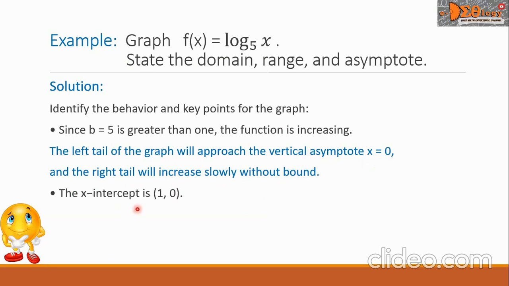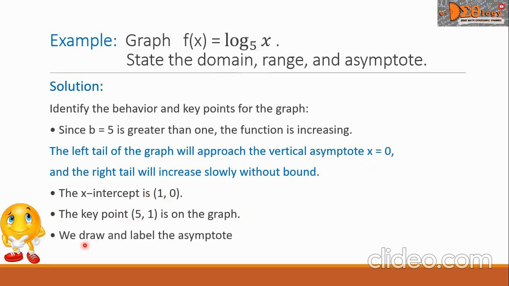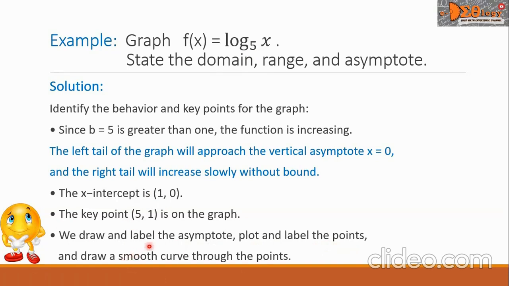The x-intercept is the point (1, 0). And we have the key point (5, 1) that is on the graph. Again, this 5 here comes from the base of the logarithm. We draw and label the asymptote, plot and label the points, and draw a smooth curve through the points.